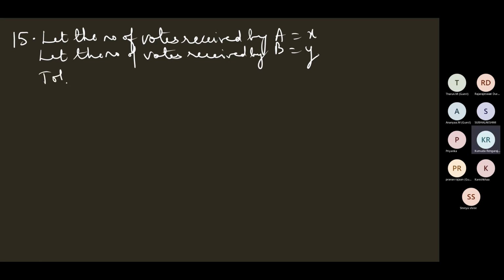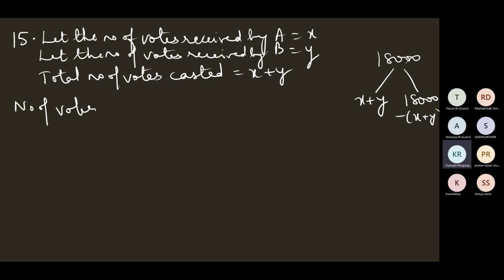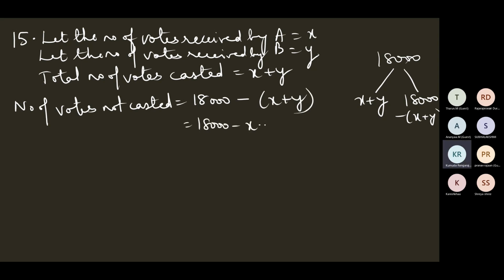So total number of votes cast is X plus Y. Now, if there were 18,000 persons on the electoral roll, only X plus Y have cast. So 18,000 minus X plus Y have not cast their votes. So number of votes not cast is equal to 18,000 minus X minus Y.